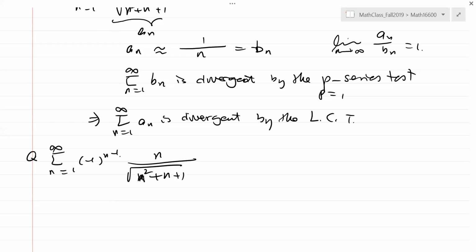Even the ratio test, you get a limit L. If L is greater than 1, it's divergent. If L is less than 1, it's convergent. You remember, right? And L equals 1 is inconclusive. You cannot jump to any conclusion.